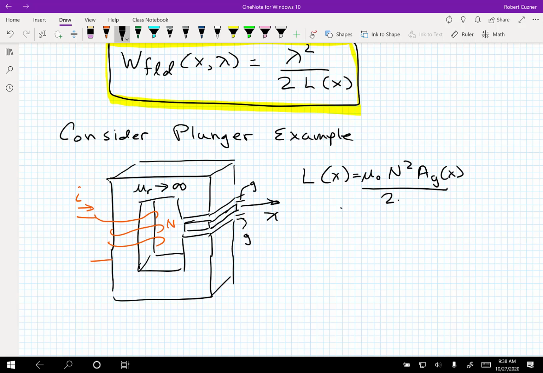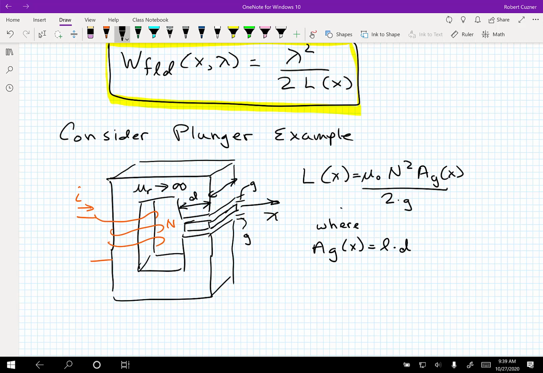So this would be over 2 times G, where the area of the gap, and in this case we're going to neglect fringing, is the length of the stack times the width of the dimension D, which is this dimension right here.